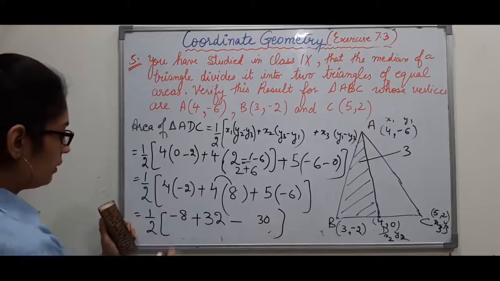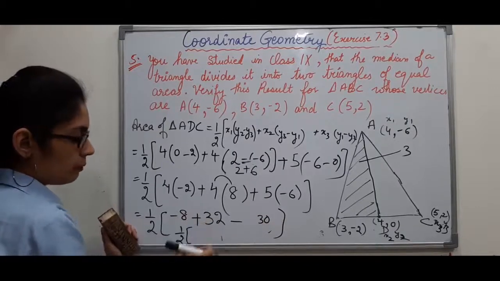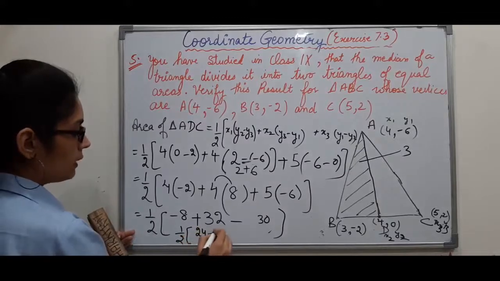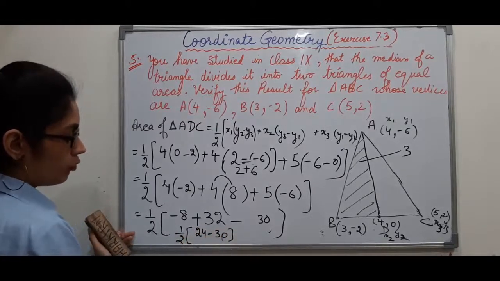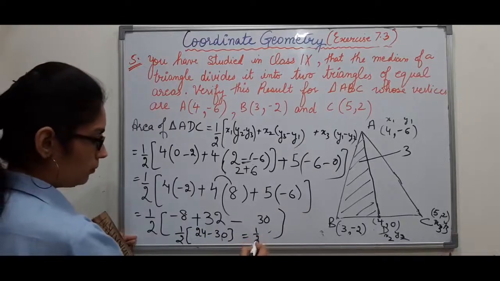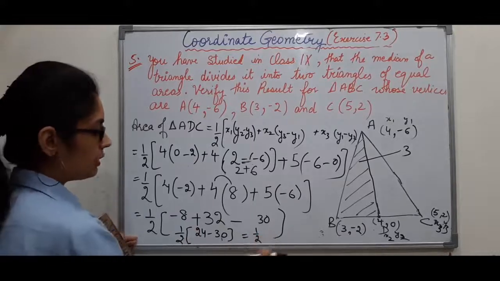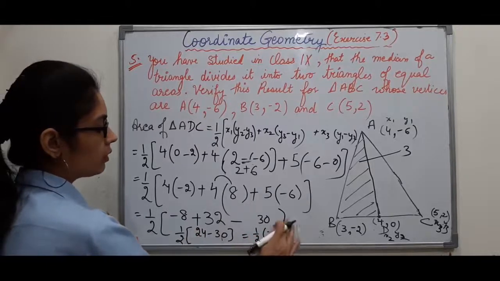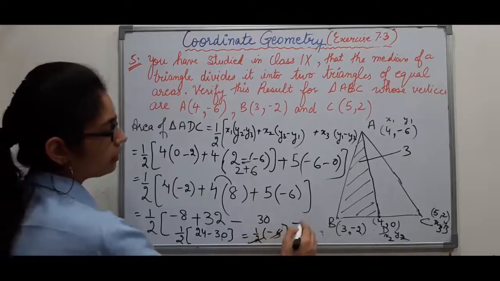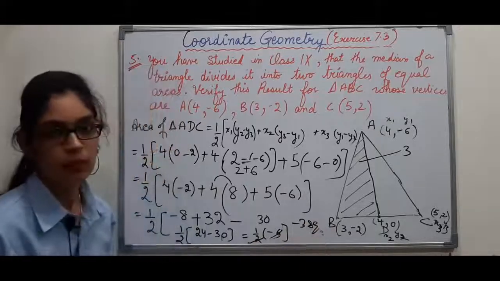Now 1 by 2, minus 8 plus 32 it will be 24, minus 30, 24 minus 30, minus plus is minus. So 1 by 2 into 24 minus 30, 30 minus 24 it is 6 with the minus sign. So we do cancellation and again we get minus 3 square units. So area we will always write in a positive way.